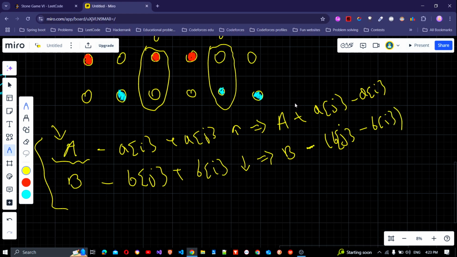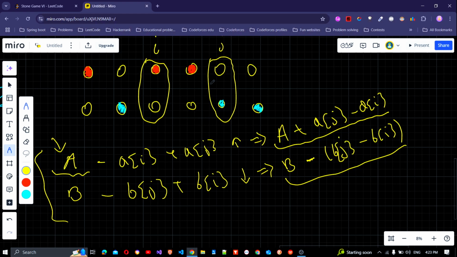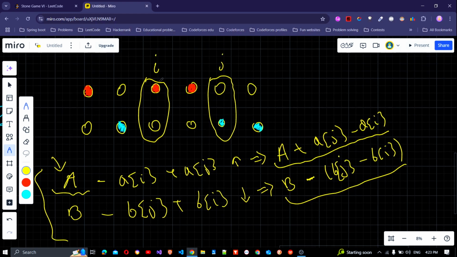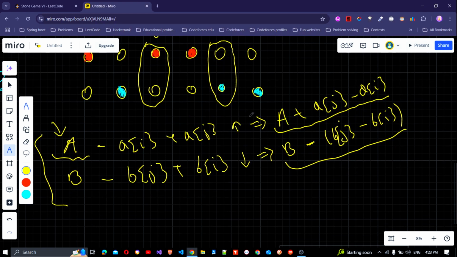What we want is that Alice's score only increases. Notice what happened. We end up with these two equations when we swap AI and AJ. So we exchange these two solutions. We let Alice take stone J and we let Bob take stone I. So this is what we have at the end.